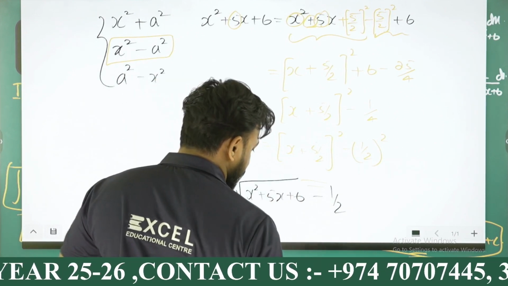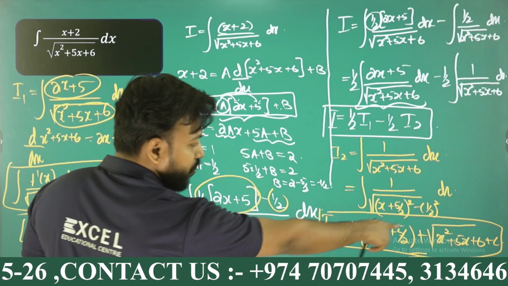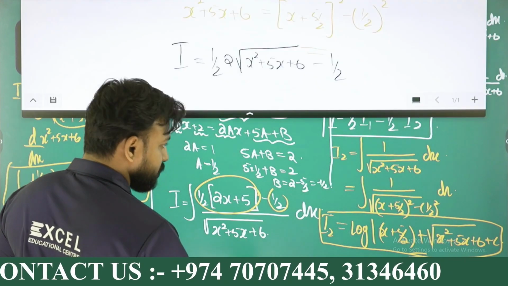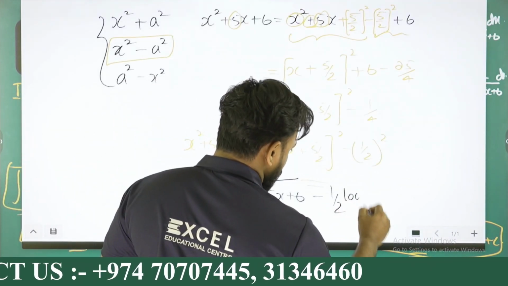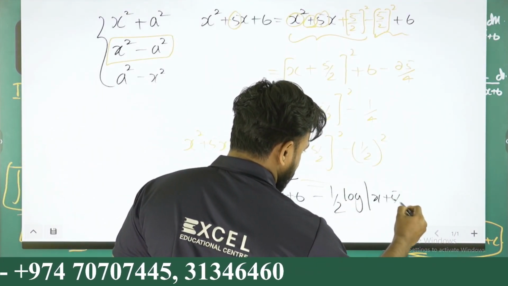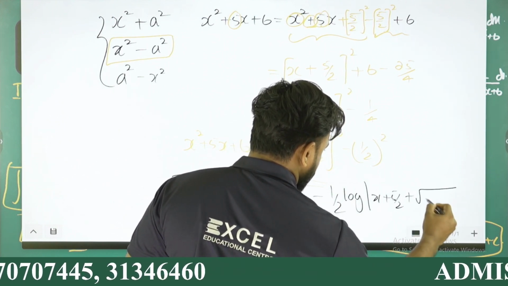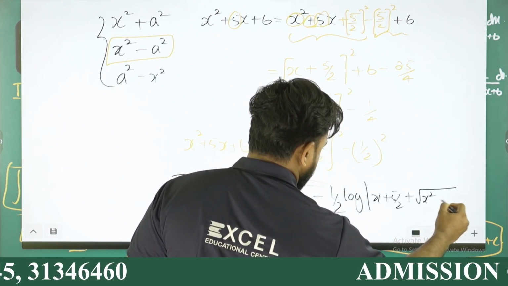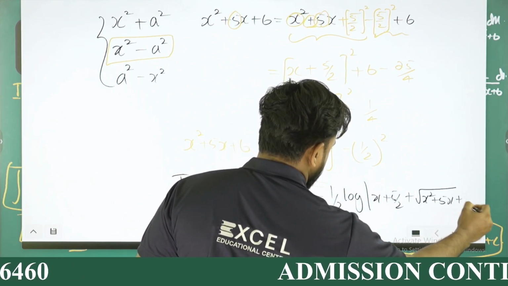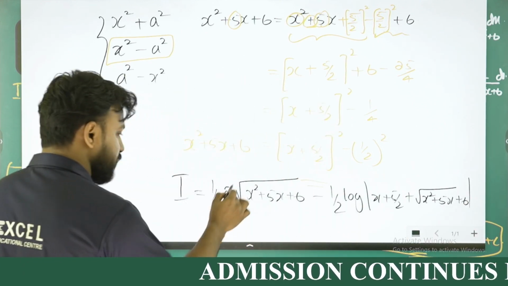Minus half of I2. What is your I2? It's log mod of that one, minus log mod of x plus 5 by 2 plus root of x square plus 5x plus 6. These two will be cancelled.